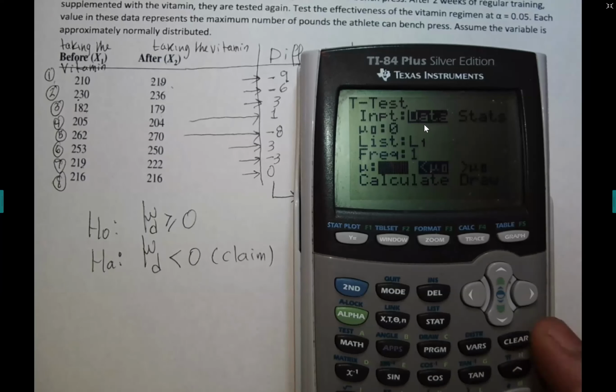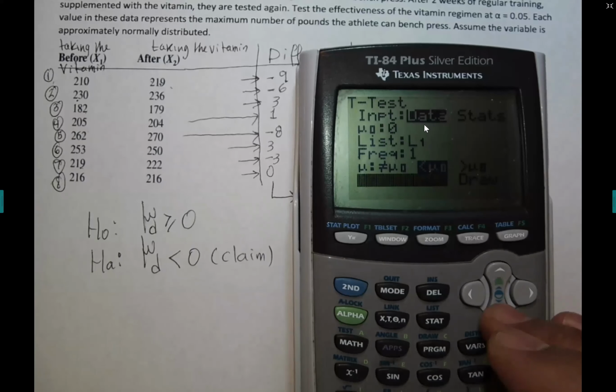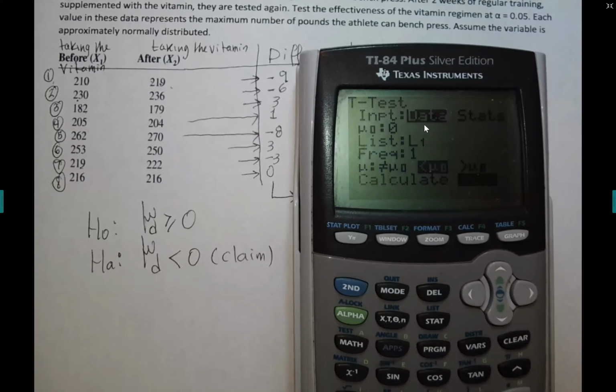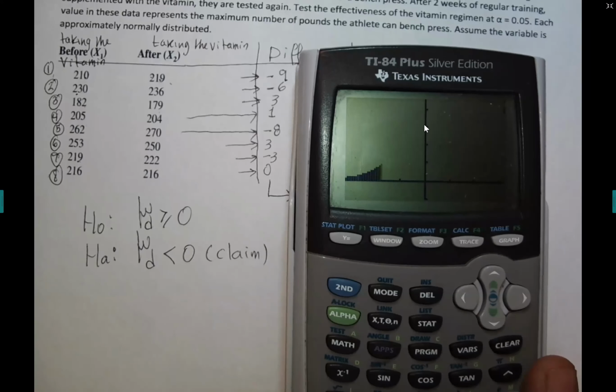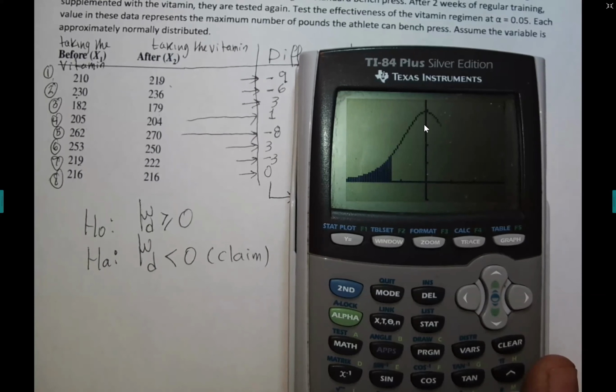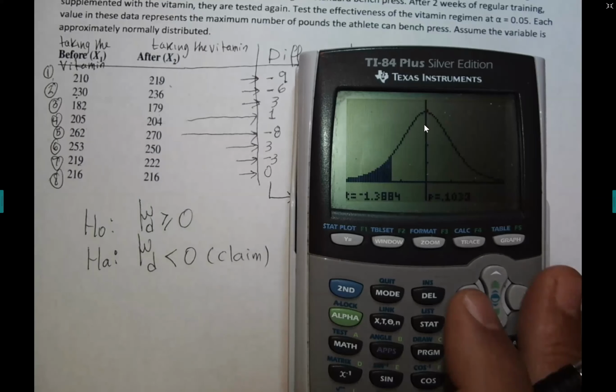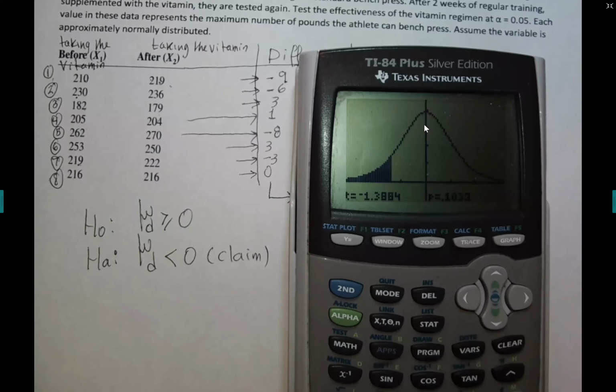Frequency 1. We're testing that the mean, the alternative hypothesis, is less than 0, so I'll select that. Let me hit draw. You can do a draw if you like. So t is negative 1.388, and the p-value is 0.1038.